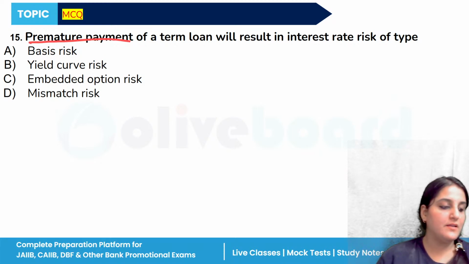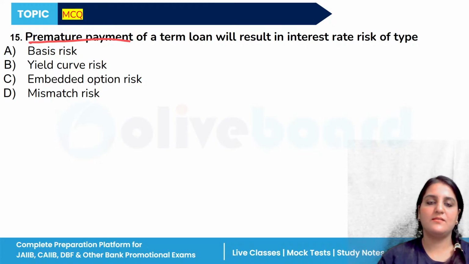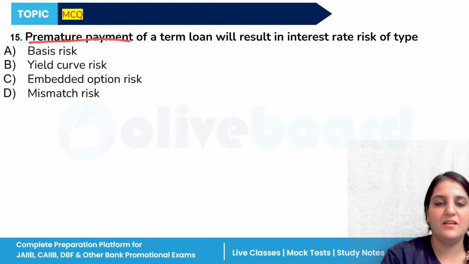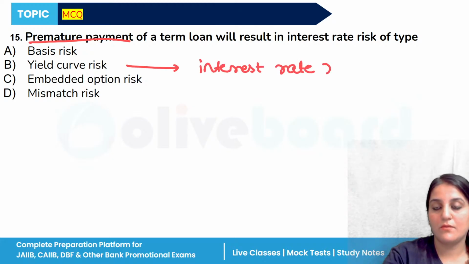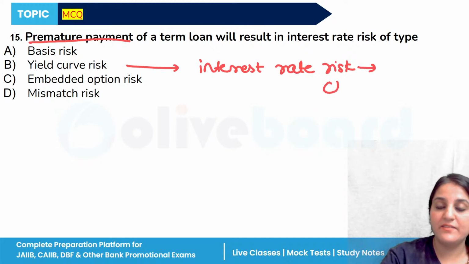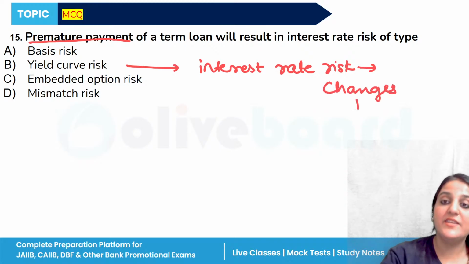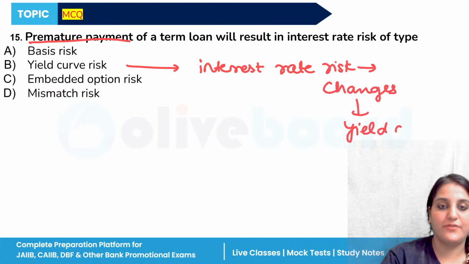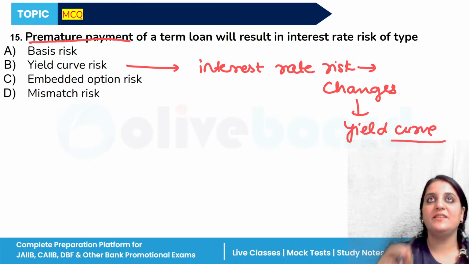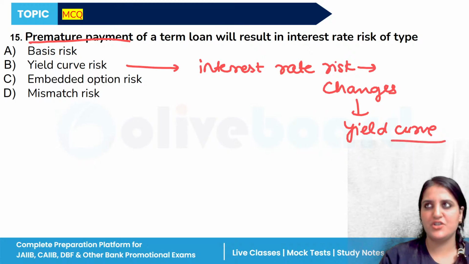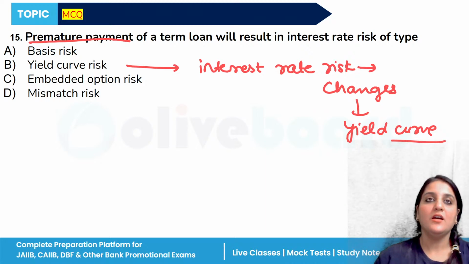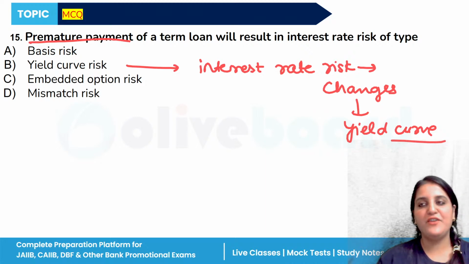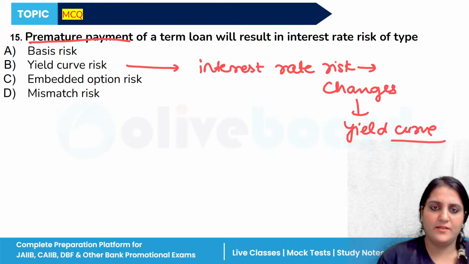And you know the meaning of basis risk. Yield curve risk is a type of interest rate risk that arises from changes in the shape of the yield curve, which is the graph that shows the relationship between interest rates and the time to maturity for bonds of different maturities.